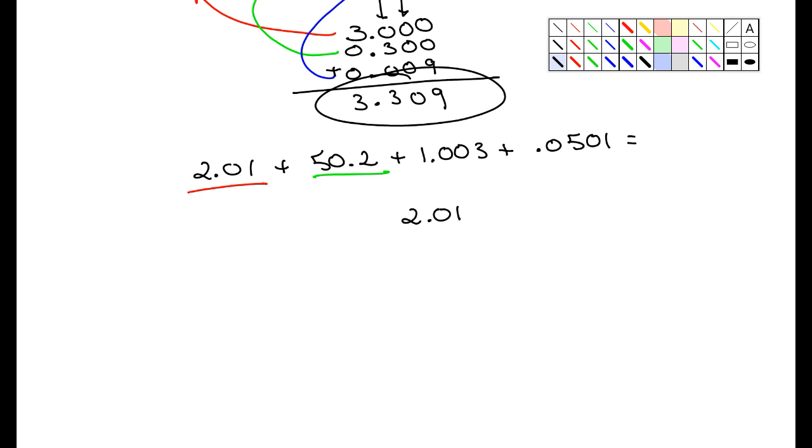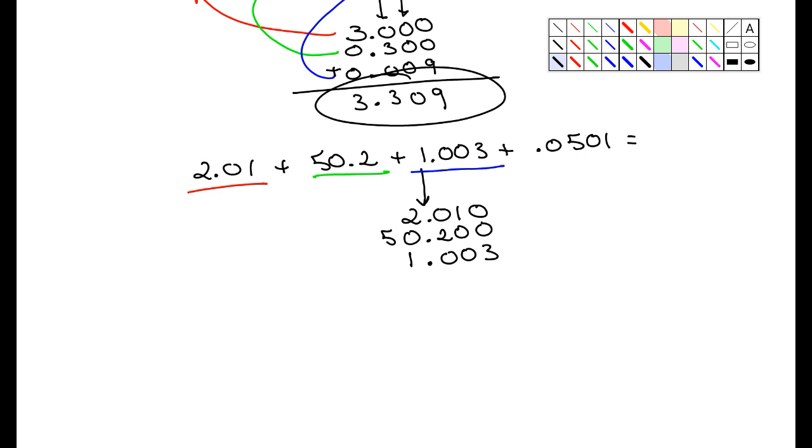So I'm going to move the 5 over here, because that's going to be the tens place, and a 0.2, and I'll put a 0 there to keep things nice and neat. And you can see I'm keeping the decimals lined up. And so the next one, 1.003. So I'll put a 1 right here, decimal, and then it's 003. And I'm going to put a 0 here and a 0 here, just as placeholders so I don't get confused.